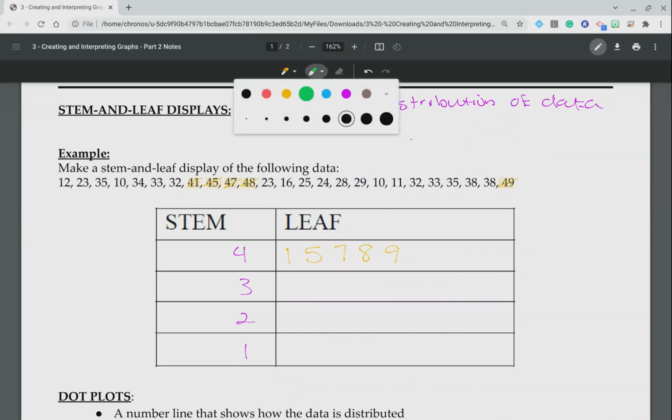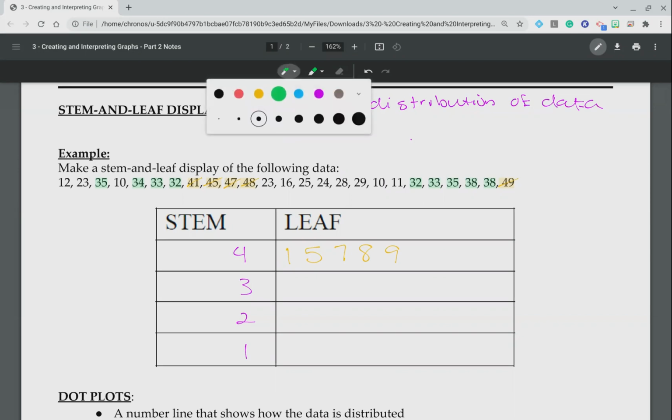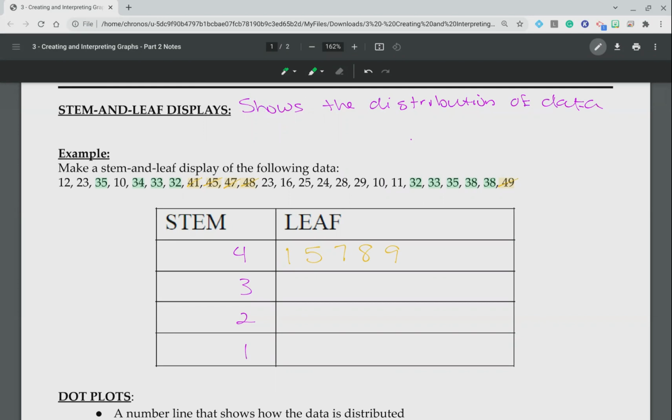All right, let's move on to the 3s. Now there's a lot of them, and remember, when we put them in our stem and leaf, they have to go from lowest to highest. So let's see. I have a 2.